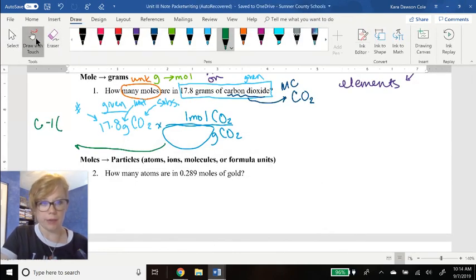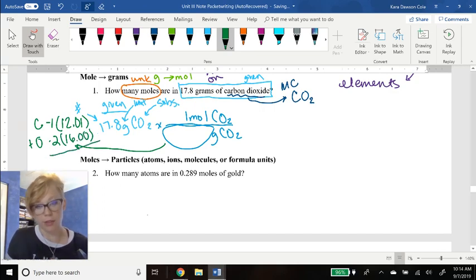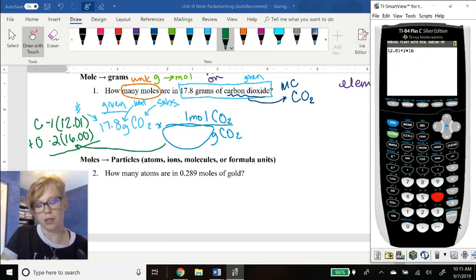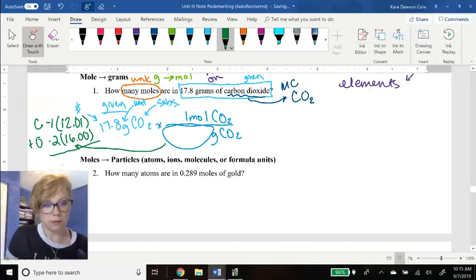So carbon is 12.01 plus oxygen, and I have 2 of those at 16. Then I can calculate those values, and that equals 44.01.